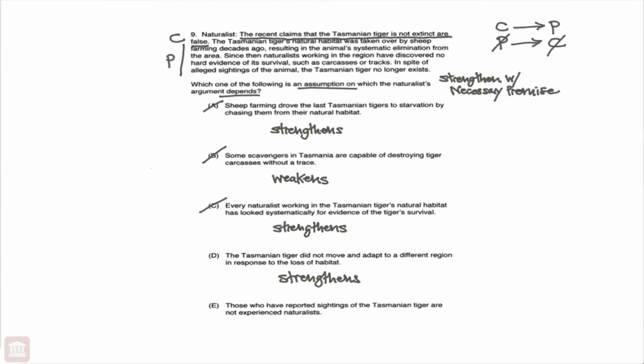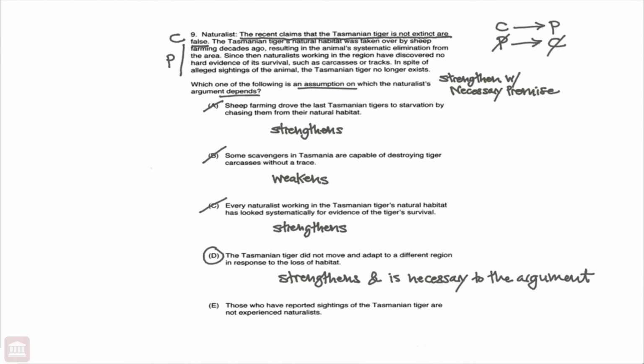Now let's negate D to make sure it's also necessary. D would become: the Tasmanian tiger did move and adapt to a different region in response to the loss of habitat. What does that do to this argument? It completely destroys it. So D would be the correct answer. It strengthens and is necessary to the argument.